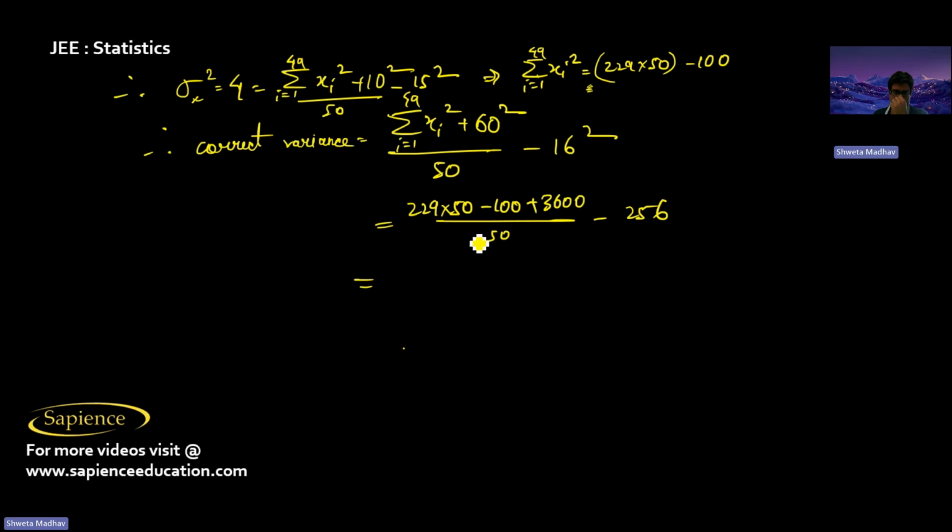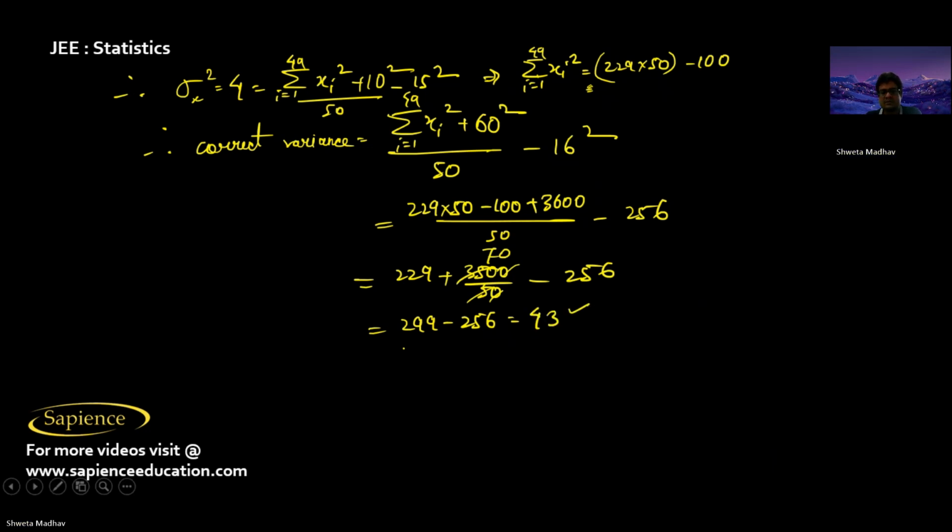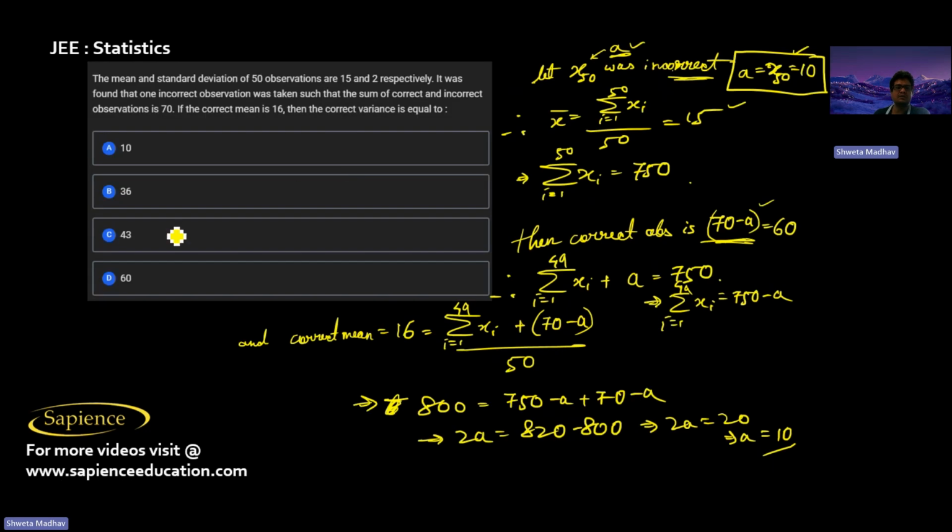So this would be 229 plus 3500 divided by 50, minus 256, so this is 3570 over 50, that is 71. So this is 299 minus 256, which will be equal to 43. So the correct variance is 43. So option C is the correct answer.